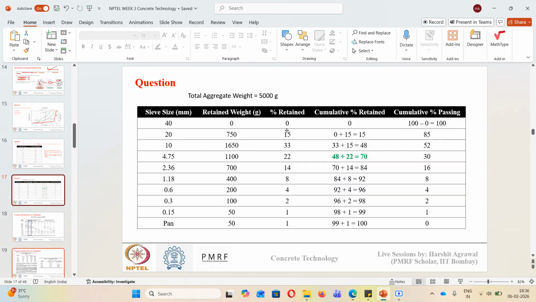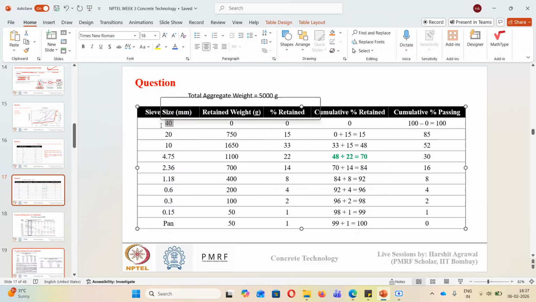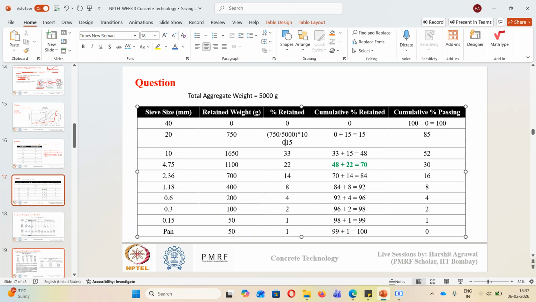What is percentage retained? Percentage retained means how much weight of aggregate was retained on a particular sieve divided by the total weight of aggregate. So how did we get 15%? It is nothing but 750 divided by 5000 times 100 to convert into percent.